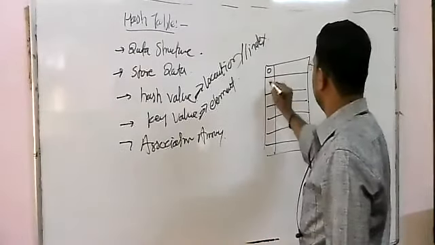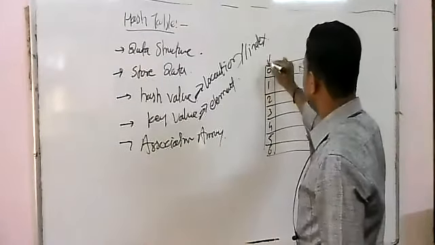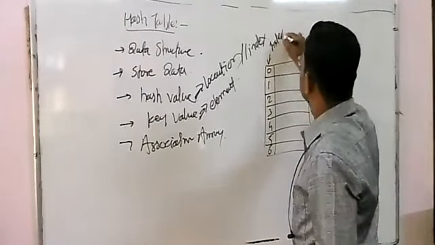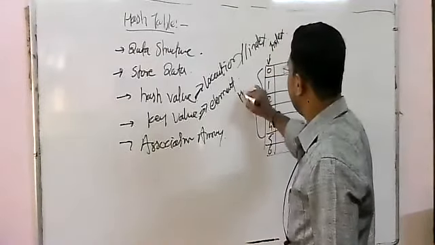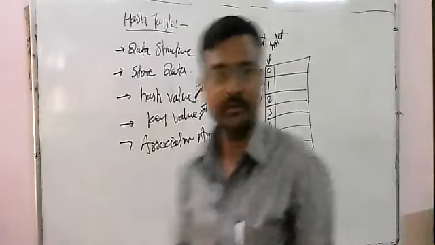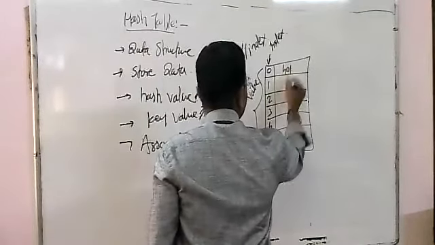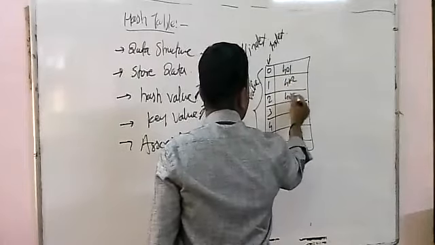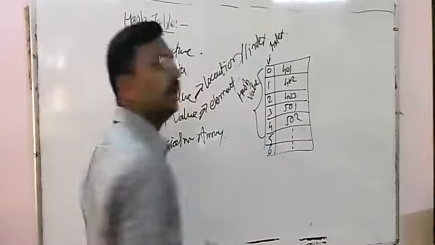Here 0, 1, 2, 3, 4, 5, 6. These are the index values. This is nothing but the index, or it is also called a hash value. And for this index value or hash value, you are going to store the element. Like this.